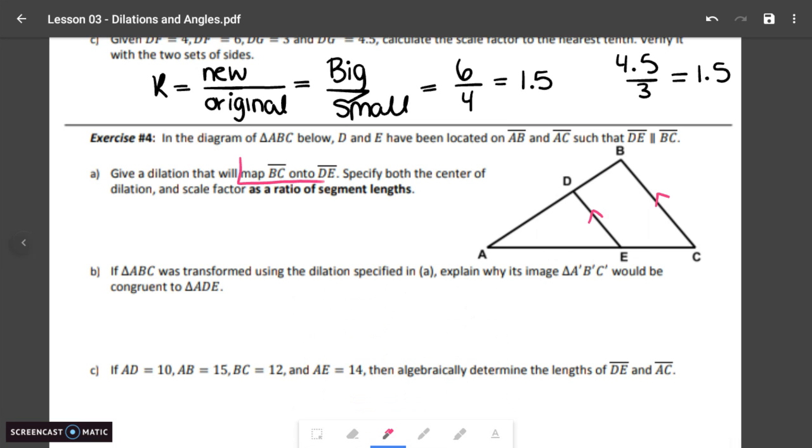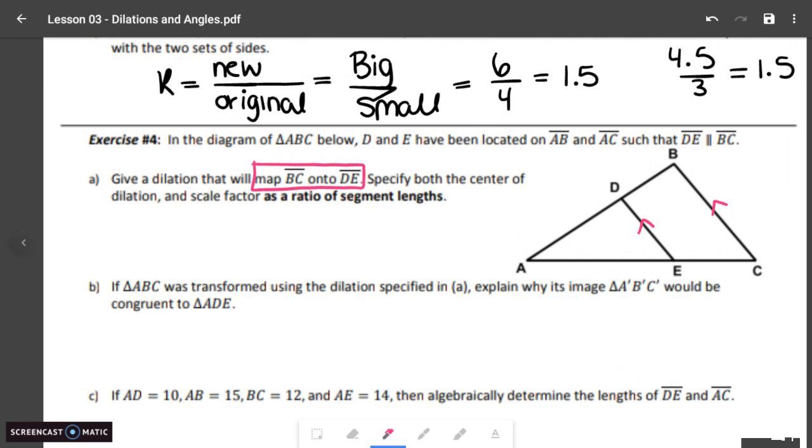Just like we were specific before, BC to DE, notice it's getting smaller. So when I talk about my dilation, I want to be sure to talk about 2 important things.